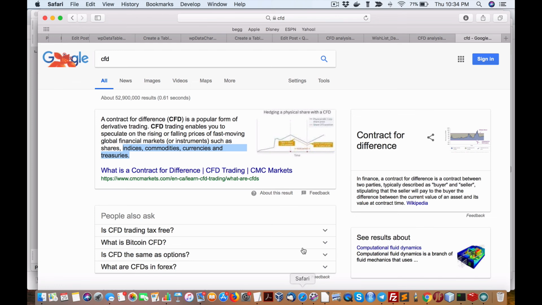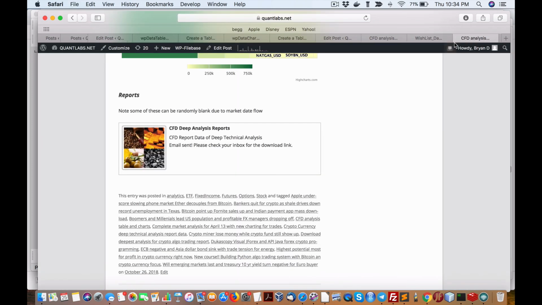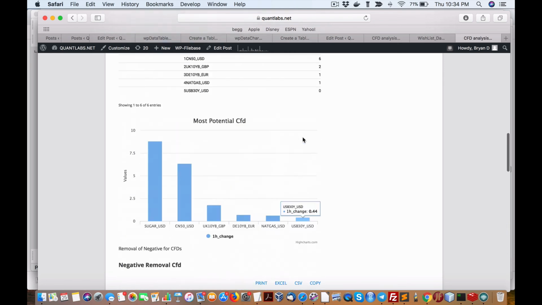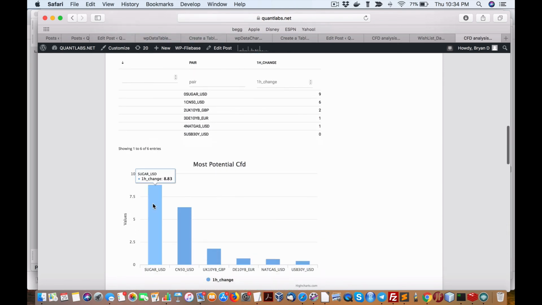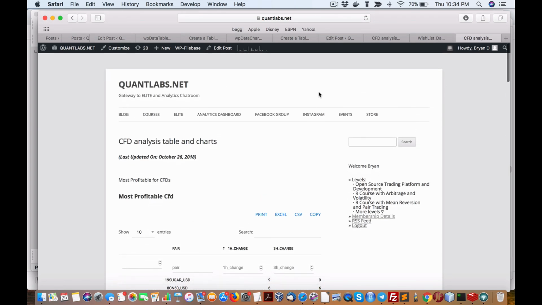I find this is very powerful information because a lot of people wouldn't have thought that sugar, of all the commodities out there, has been like this for a couple of weeks apparently. I can confirm for the last 24 hours that sugar's been doing very well as the markets have been getting clobbered. But it just adds to the value of the service.